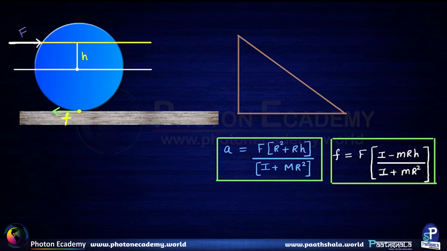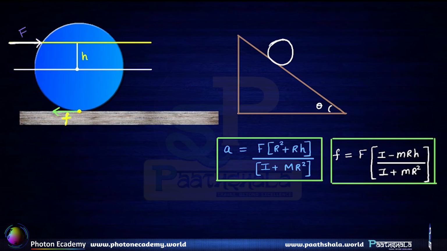So this is the inclined plane, and let us say this is the angle theta of this wedge. Let's assume that there is a spherical cross-section object that is rolling down this inclined plane. Alright. So what is the force that is acting on this object? It is mg sine theta.